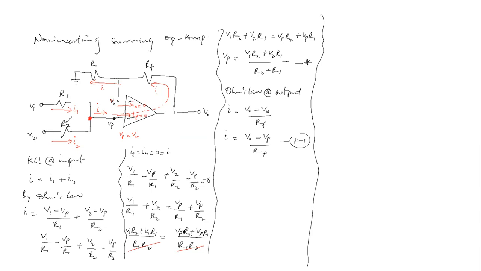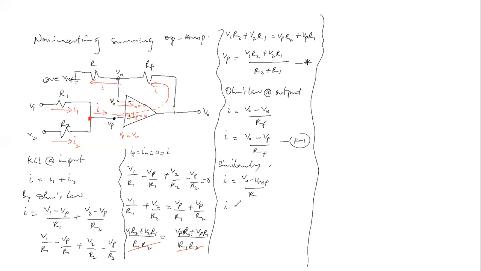Now, if that is clear, then similarly, in this branch here, I will be V sub n minus Vref divided by R. Now we know Vref is 0 volts, because that terminal is grounded.